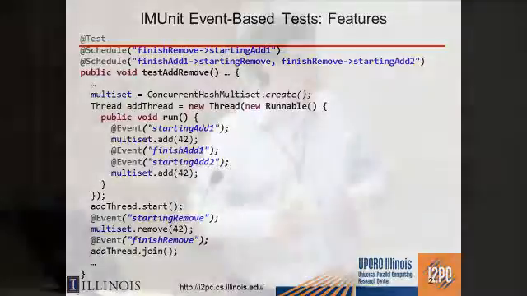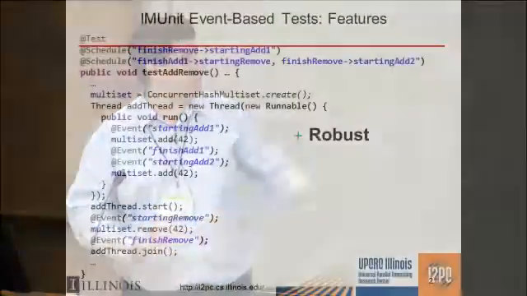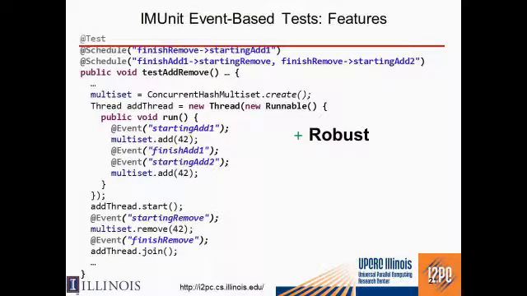Now, this makes this test robust. What I mean by that is once I write this schedule, there is a certain execution engine underneath that's going to ensure that the code actually does execute in the order in which you specified. If the Java virtual machine wants to execute in a different order, then it will start stopping certain threads to ensure that you get the actual order that you want.